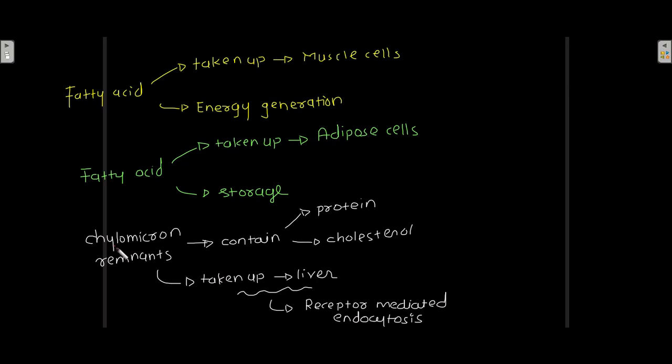Now after you utilize the fatty acid, there are some chylomicron remnants which are made up of mostly protein and cholesterol. Those are taken up by the liver via receptor mediated endocytosis.